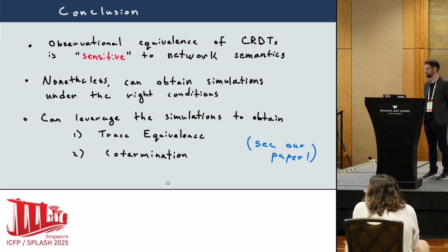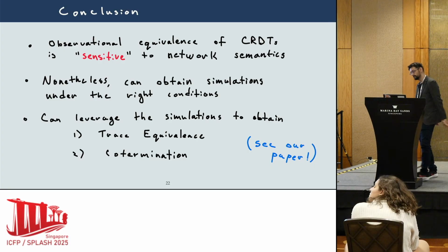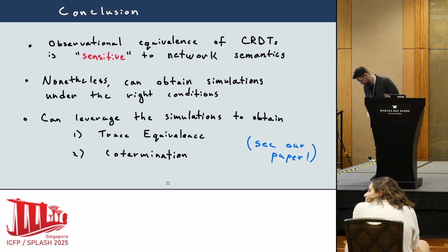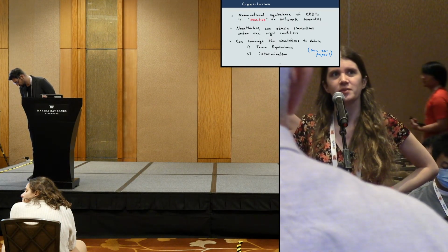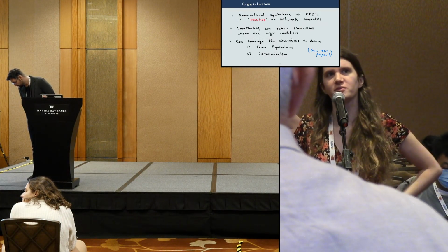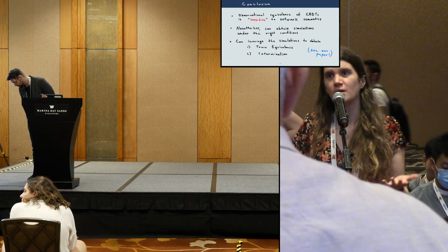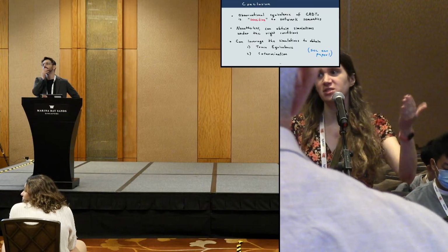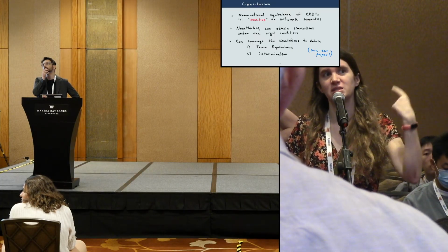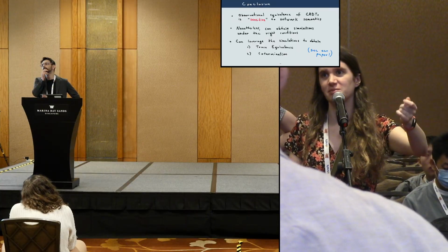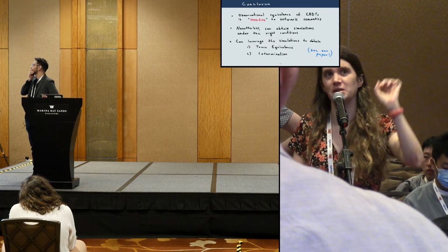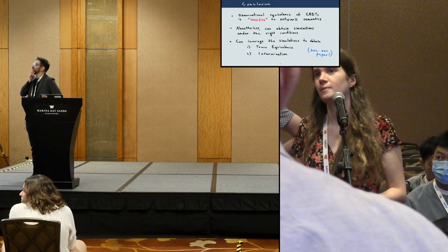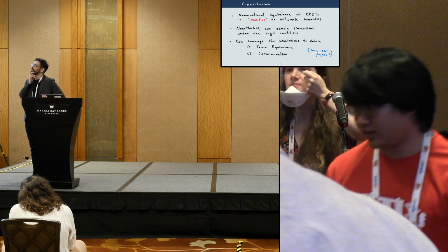First question. Hi, I'm May Milano, Princeton. I am curious to know if you also have the equivalent negative result, which is that there is no possible encoding of op into state or state into op, such that you could get simulations without being sensitive to the network semantics, as in the network semantics simply must matter. Oh, that's good.